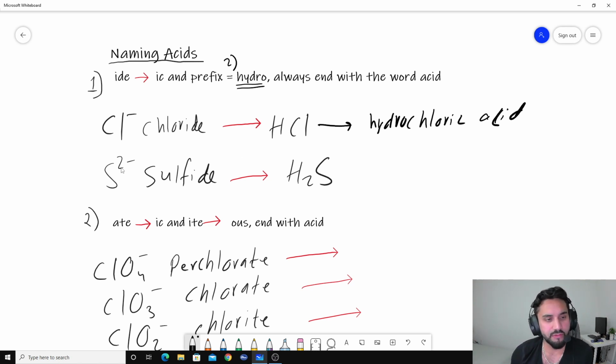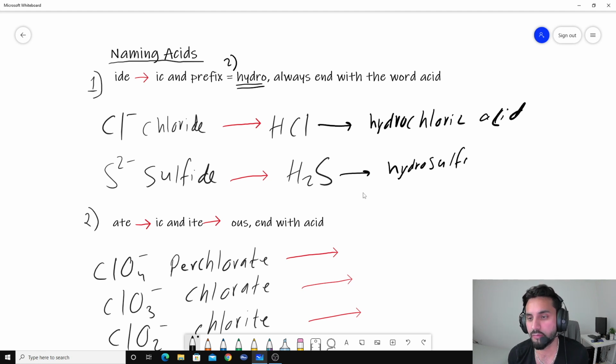All right, here I have a sulfide. So again, the ending IDE becomes IC, prefix hydro, and ending acid. So hydrosulfuric acid.